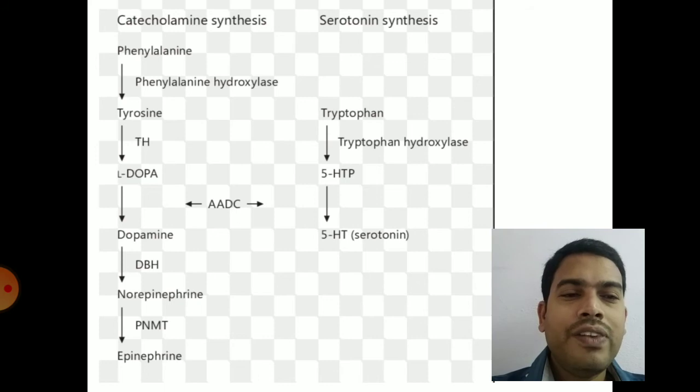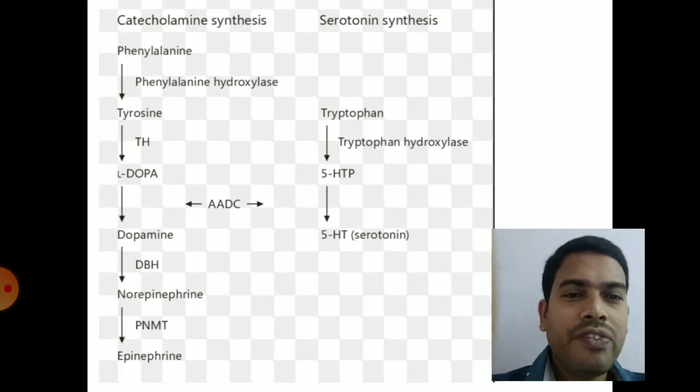Epinephrine and norepinephrine are called fight and flight hormones. Dopamine is a neurotransmitter. All these are synthesized from the two amino acids phenylalanine and tyrosine. Phenylalanine is considered the essential amino acid from which the remaining catecholamines are synthesized.